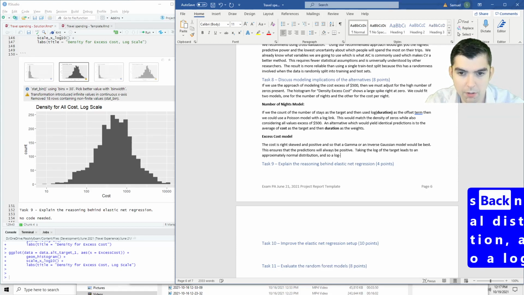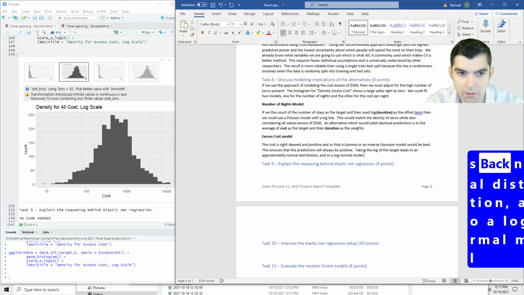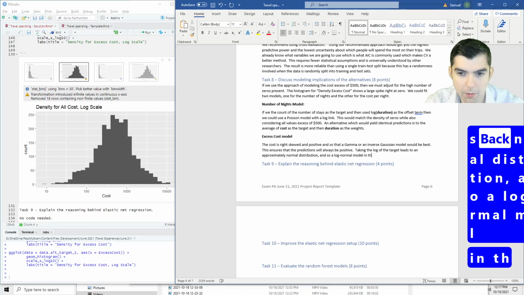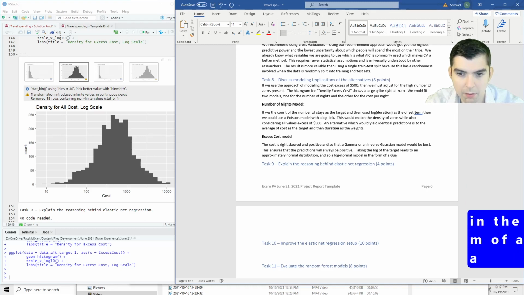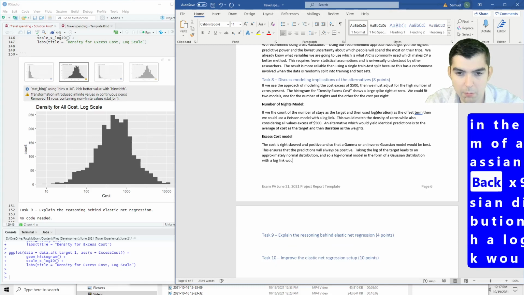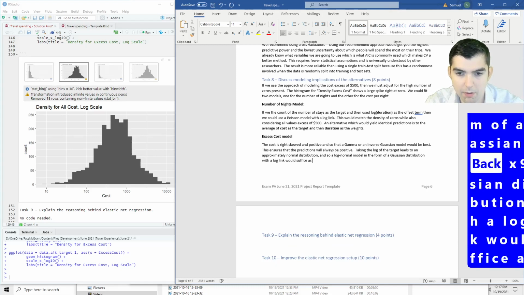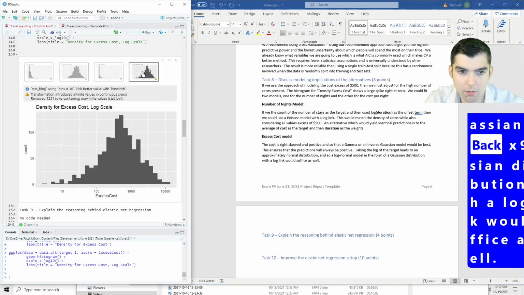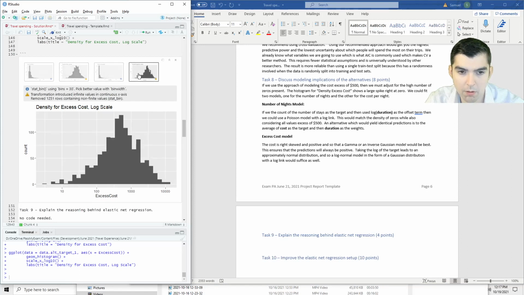And so a log normal model in the form of a Gaussian distribution with a log link would suffice as well. Now you look at this one, this is more symmetric. This excess one has a longer tail right there.